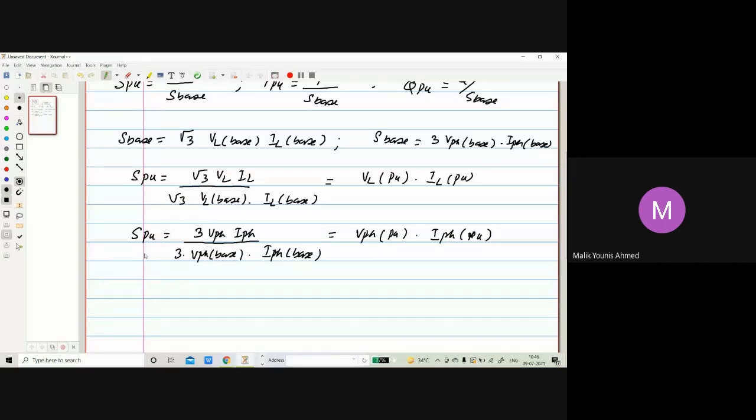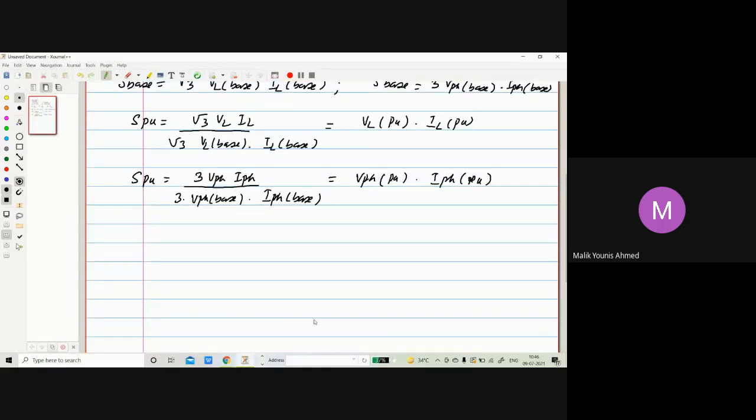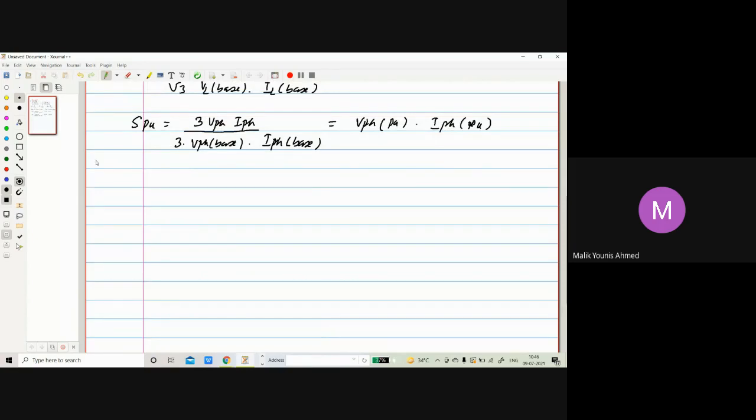Okay, now moving from complex power to real power. Real power in per unit will be the actual value, let's say in terms of line, root 3 VL IL cos of phi. And similarly, the base value we can write: the base value is the complex power base, root 3 VL base into IL base.